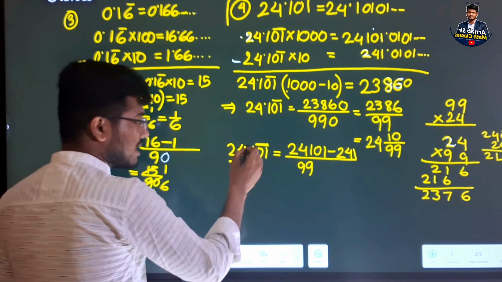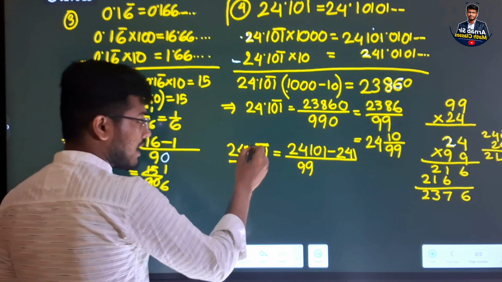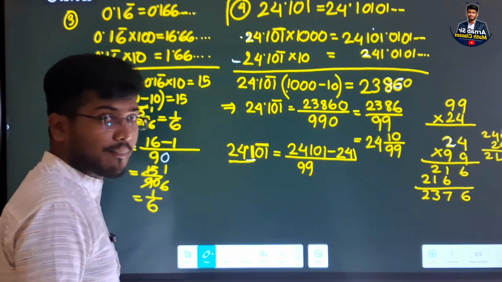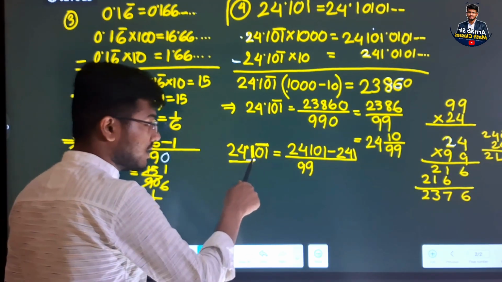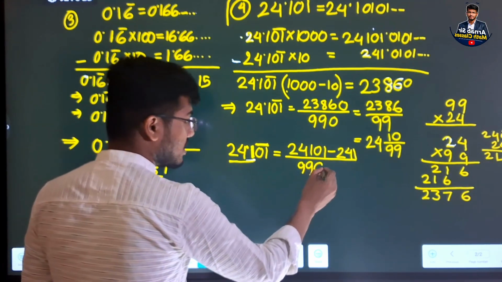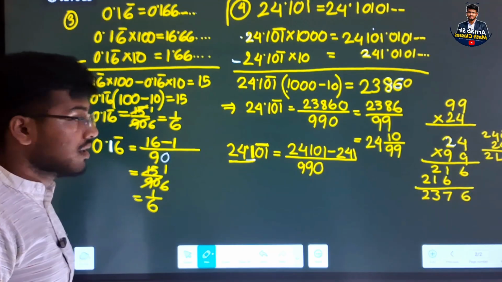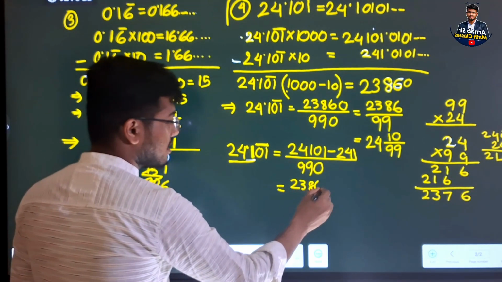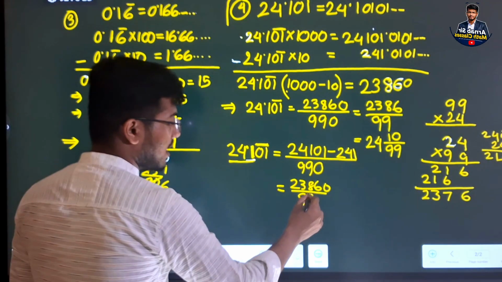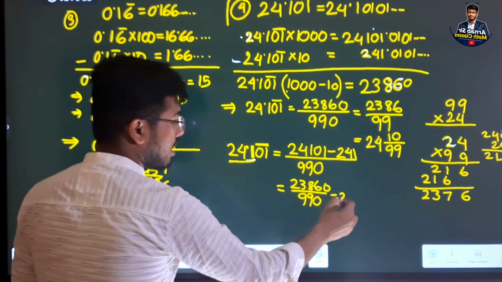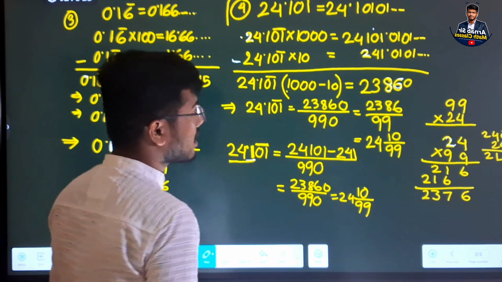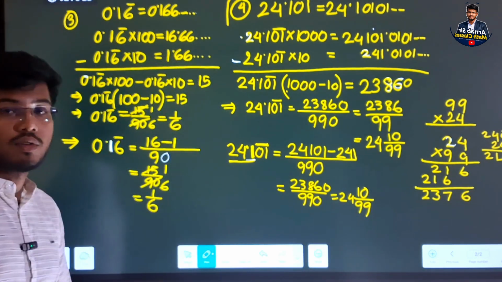And how many numbers are there which are not recurring? Only one number, that means 10 is there. Clear? So the answer is 23860 by 9990, that means 24 whole 10 by 99. Up to this all are clear, yes or no?